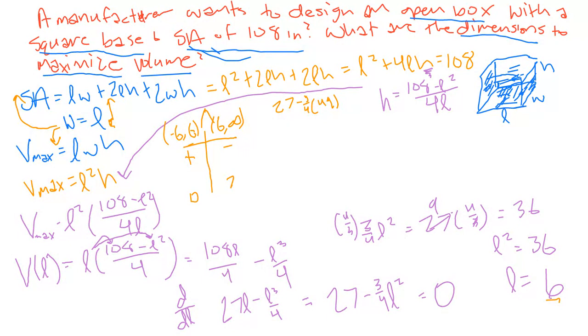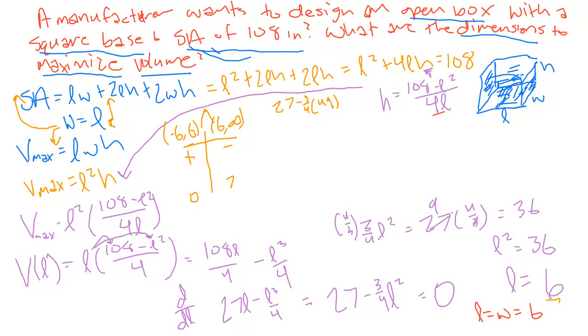So we know that L is equal to W, so therefore W is equal to 6. So now it's just having to plug this back in. We can also go ahead and plug this into our initial H function.